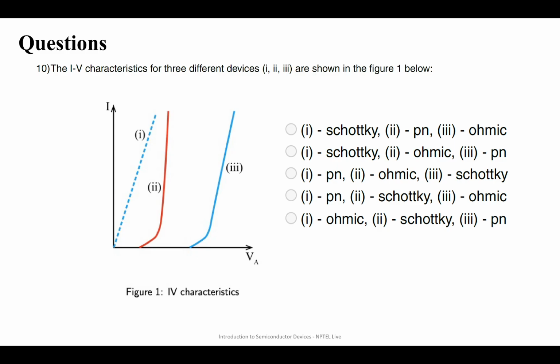Next question. The IV characteristics of three different devices, 1, 2, and 3, are shown in figure 1 below. Identify the type of devices: Schottky, PN, ohmic; Schottky, ohmic, PN; PN, ohmic, Schottky; PN, Schottky, ohmic; ohmic, Schottky, PN.